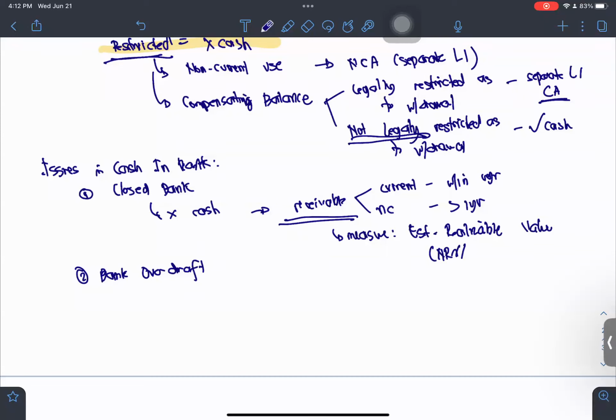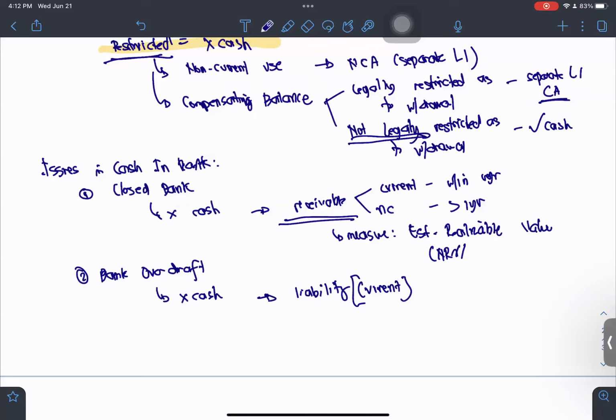So in your bank overdraft, just remember it is not part of cash. As a general rule, it is not part of cash. What is our treatment? It is to be treated as a liability. It is a current liability. When is there a bank overdraft again?